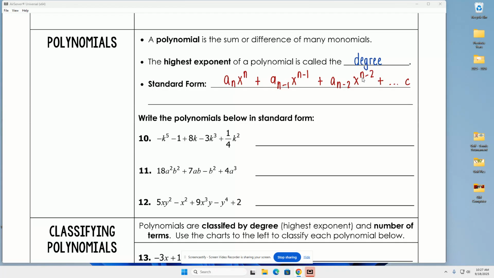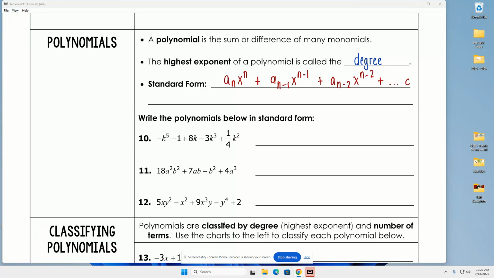What would be the next term if I plug 5 in here? 3. All this equation is saying to you is to be in standard form, your exponents have to do what? They have to go down. Do y'all hear me? That's all this is saying.